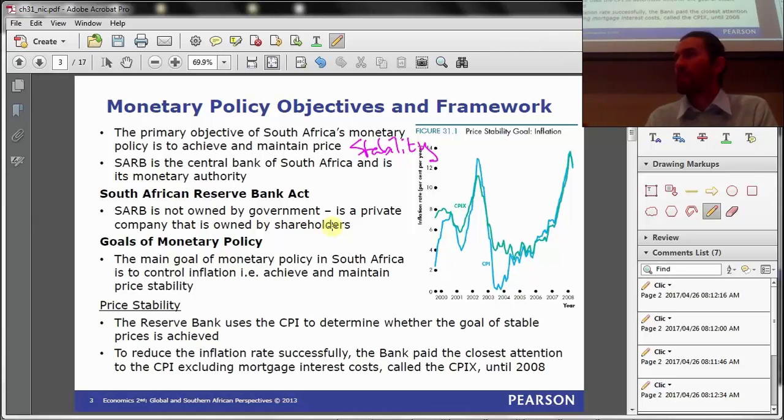The executive makes decisions about fiscal policy, the Reserve Bank makes decisions about monetary policy, and the Reserve Bank's decisions are independent of the executive. The executive, nevertheless, being the president and his ministers, does appoint the governor of the Reserve Bank. Okay, so the Reserve Bank is not totally independent of the executive.